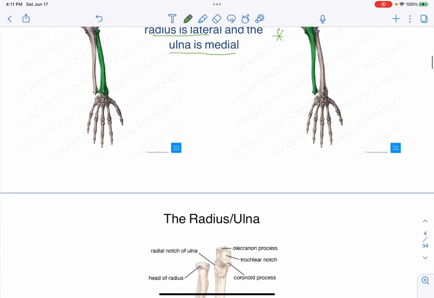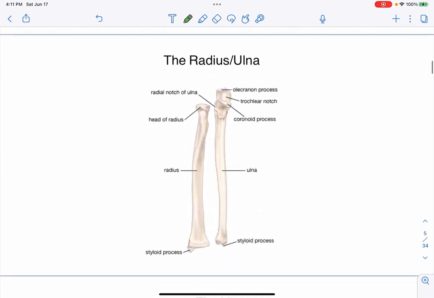And now we'll begin to look at some of the features of the bones, and then I'm going to highlight how these bones articulate with the humerus. Okay, so this slide is showing you the ulna and the radius side by side.